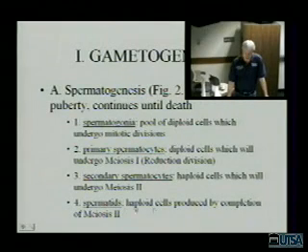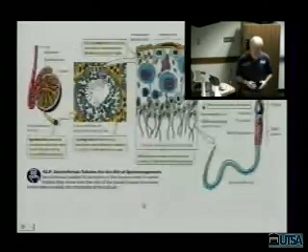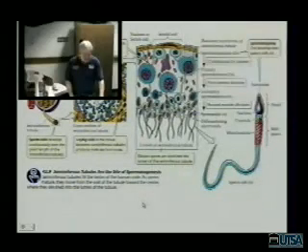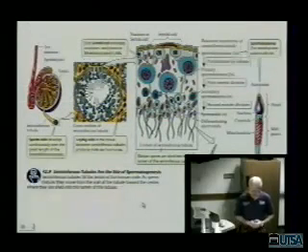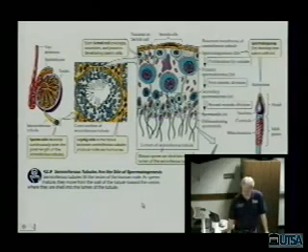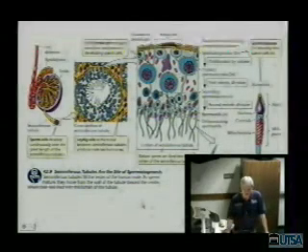Of course, they are haploid cells, the true gametes, and they will undergo final development to become the sperm, which are haploid cells, and that final process is called spermiogenesis. So we'll differentiate these stages as we go along of the male gametogenesis.